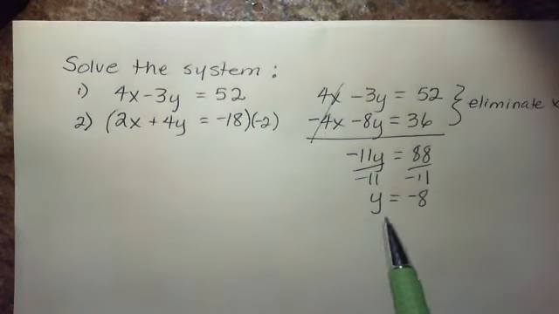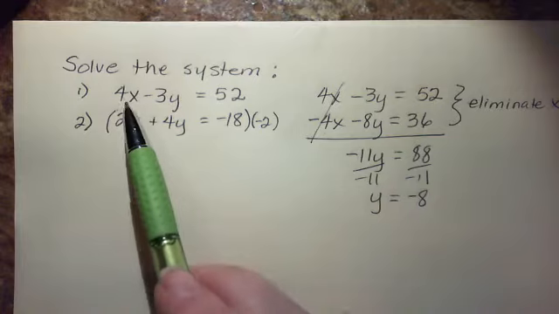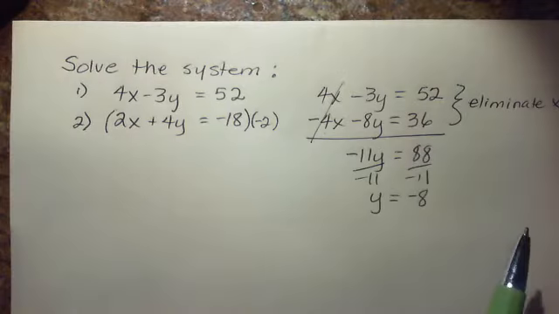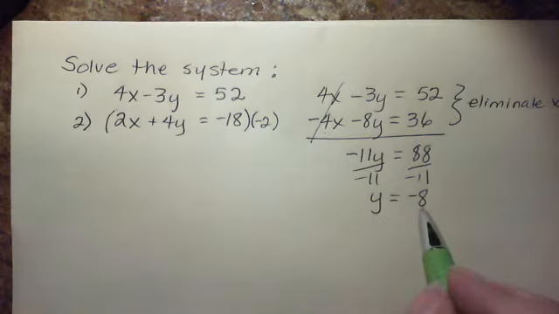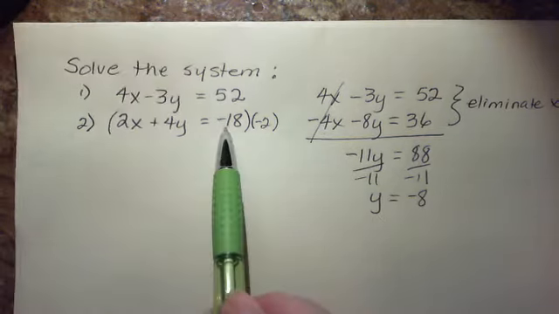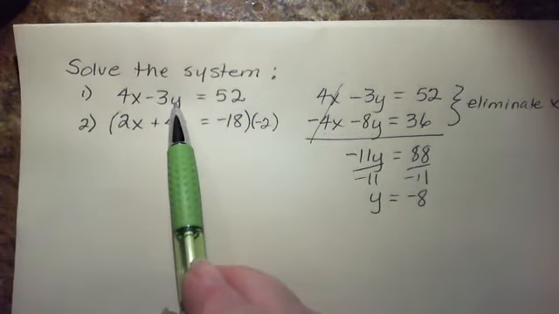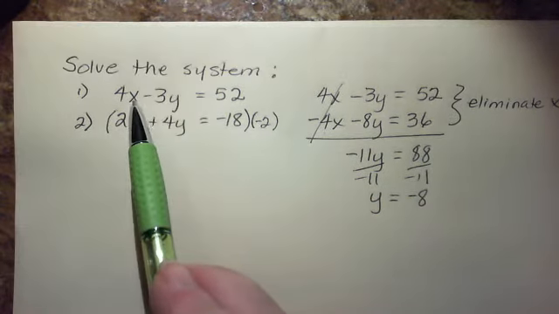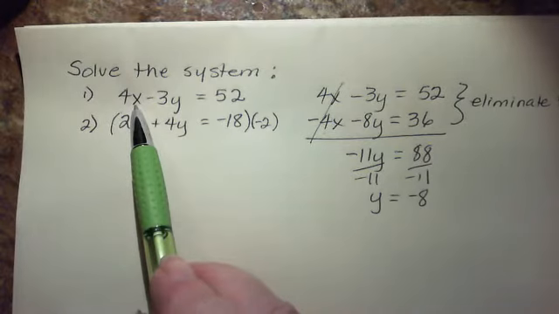Now at this point I have solved for one of the two variables in my two equations. At this point I can substitute the value for y, negative 8, into equation 1 or 2. Once I substitute a value for y, I'll be able to solve for a value for x.